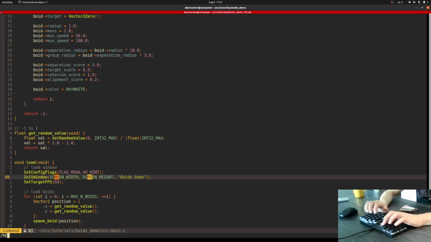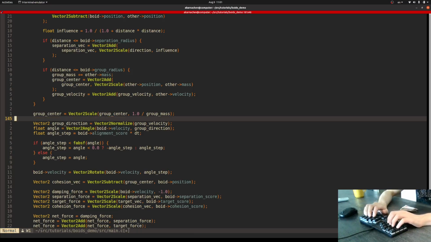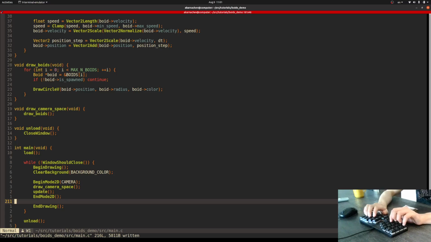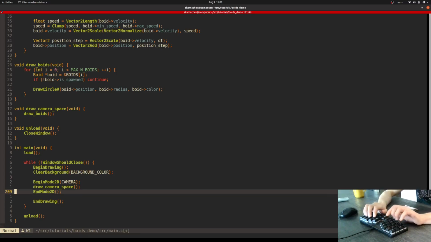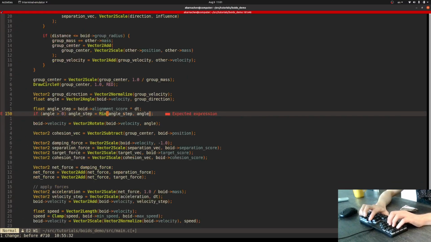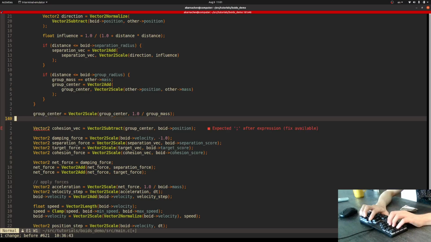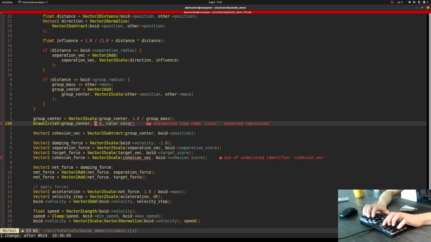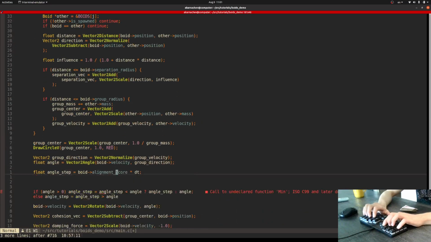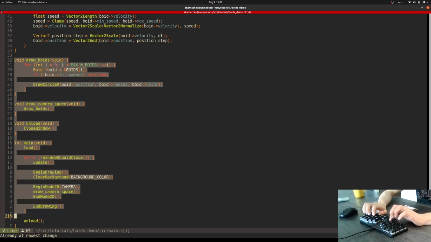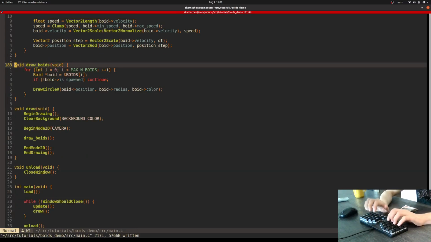Let me get rid of these red circles. Also, let me bring back the update function. Update function will be here. You know what? Give me a second, please. I think I finished with basic debugging, so I can return my initial structure.